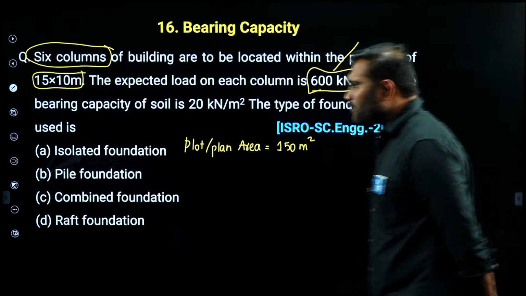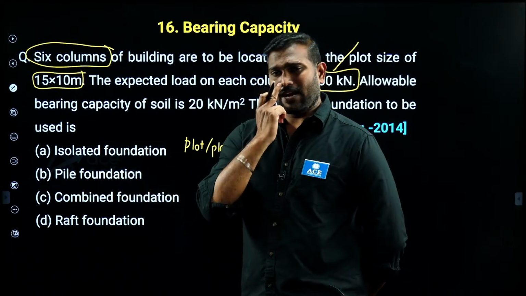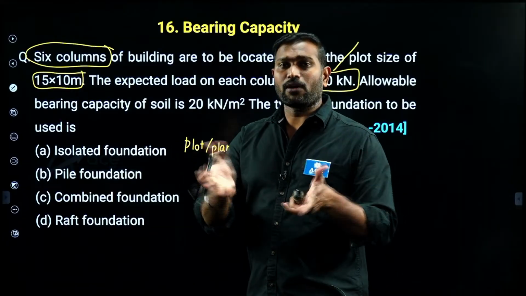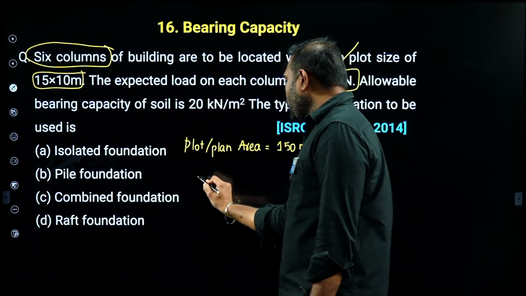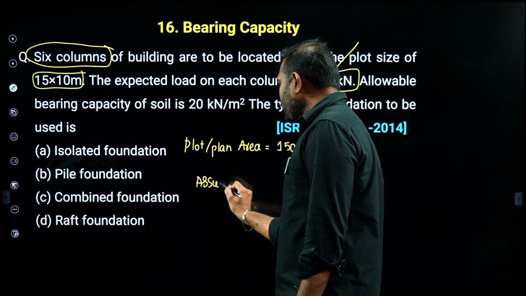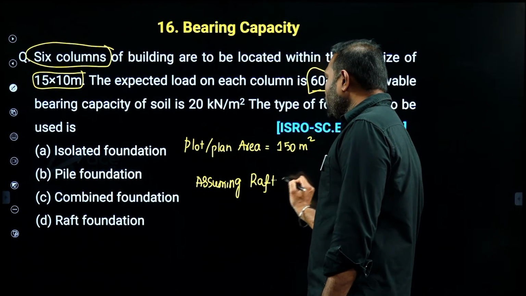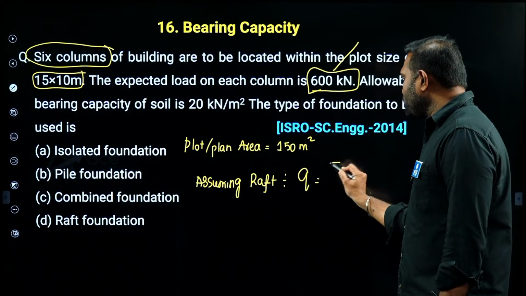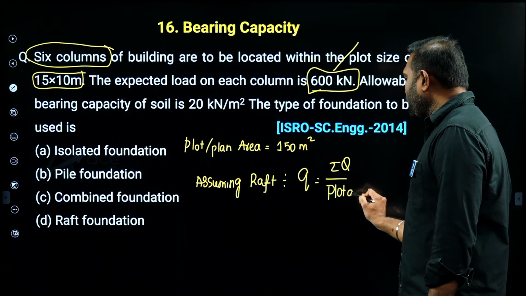The options are isolated, pile, combined, raft. Let me go with raft. What is meant by raft? One single footing for the entire set of columns. Assuming raft, let me check what pressure it will give. The total pressure is the summation of total load divided by the plot area.